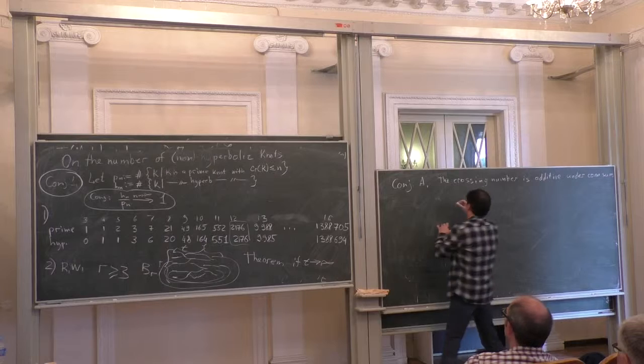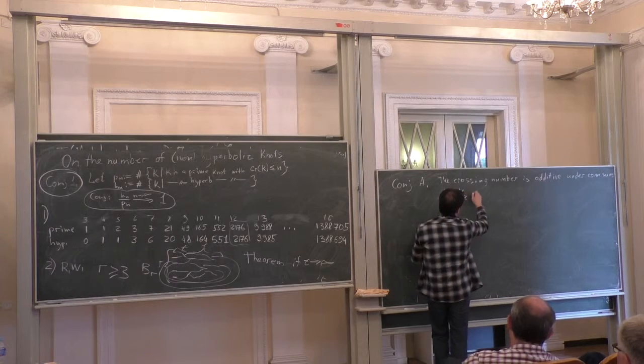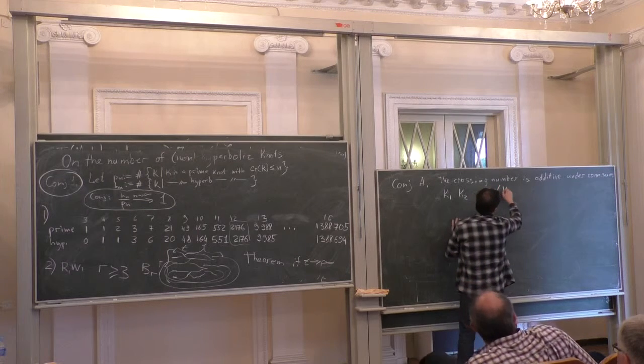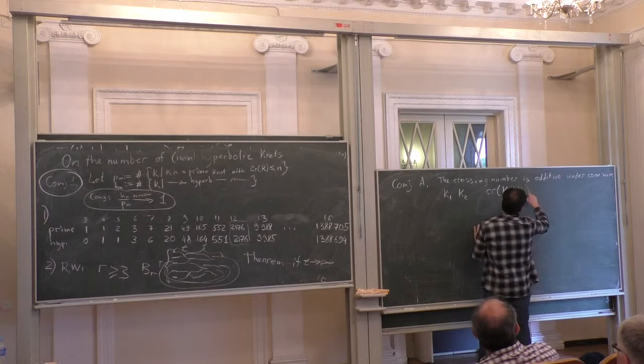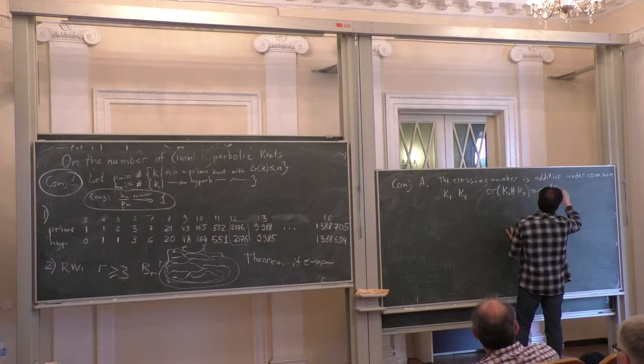This conjecture says that for any two knots K1, K2, the crossing number of the connected sum is the sum of the crossing numbers.